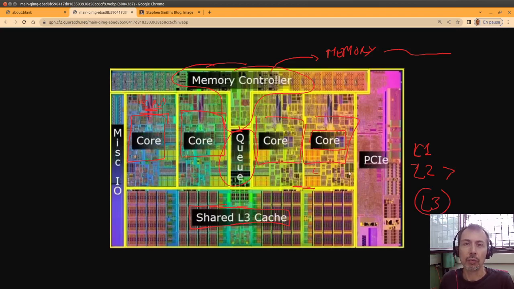Remember that this is used for mitigating the von Neumann bottleneck. We have the bottleneck accessing memory. So if we don't access the memory, but we have the information here, we won't need to access the memory, and the CPU could execute the instruction faster.